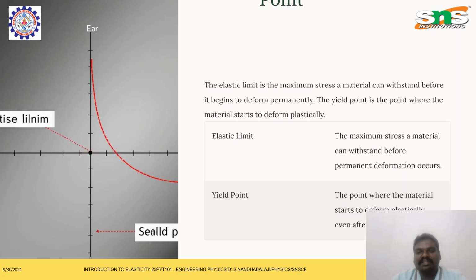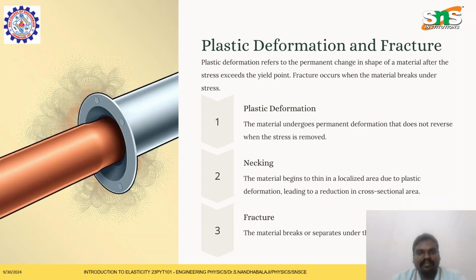The elastic limit is the maximum stress a material can withstand before permanent deformation occurs. At the yield point, the material starts to deform permanently. Then the plastic deformation and fracture of the elastic material.